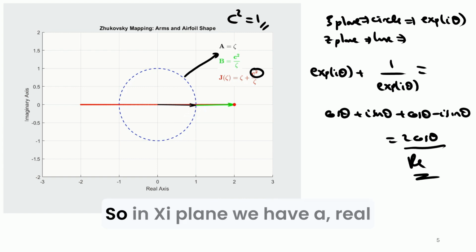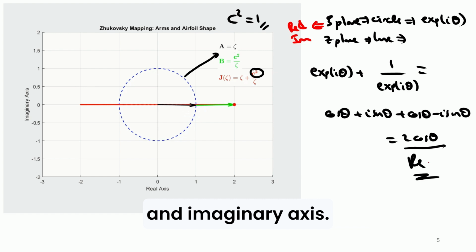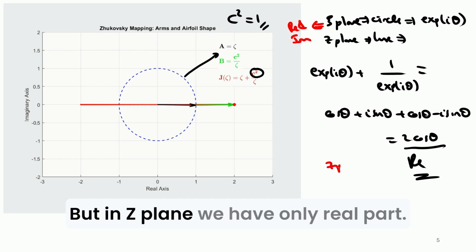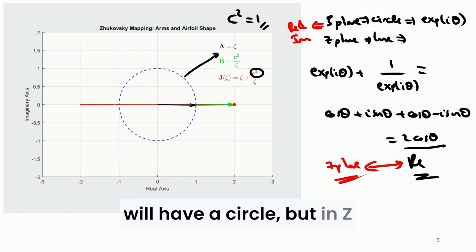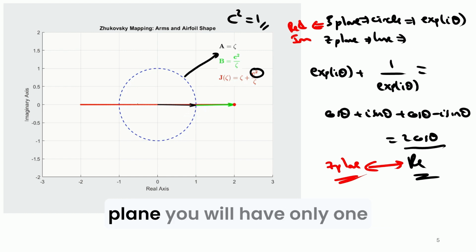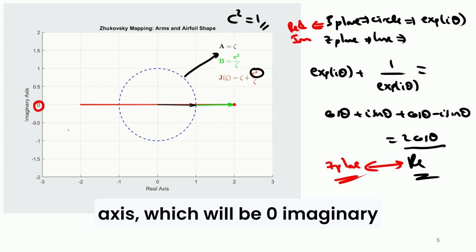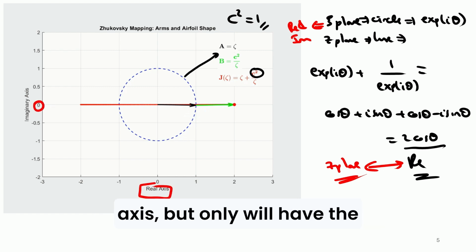Okay, so in the zeta plane, we have a real and imaginary axis, but in the z-plane, we have only a real part. Okay, so that means that in the zeta plane, you will have a circle, but in the z-plane, you will have only one axis, which will be zero imaginary, but only the real axis.